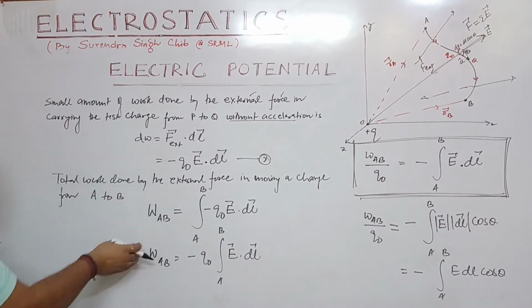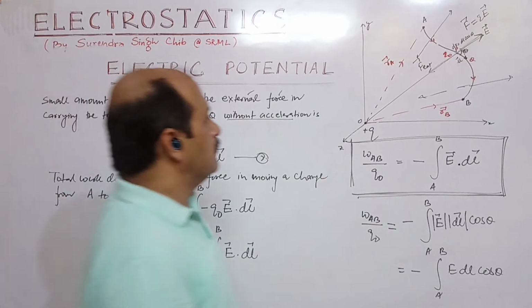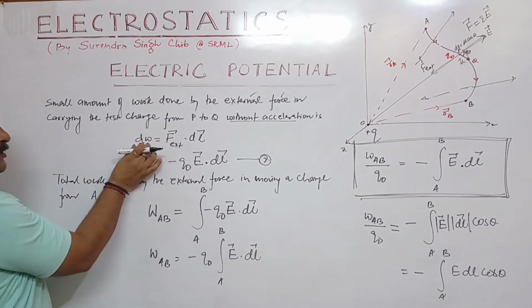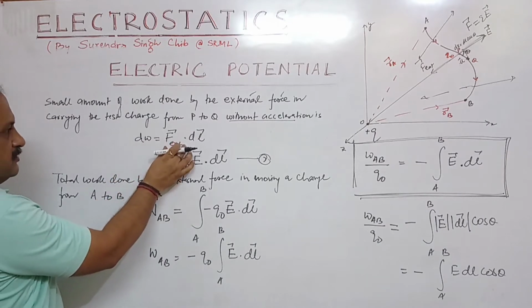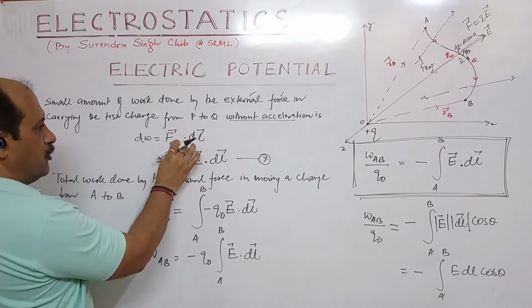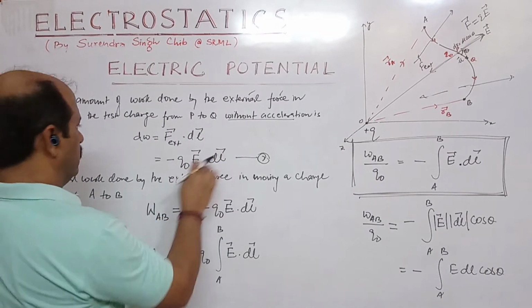So once again, before I rub it: we have to do a small amount of work in carrying the charge from here to here. That small amount of work is done by the external force, F dot dl. This is the formula. Work done equals applied force dot displacement, which is minus Q naught E dot dl.